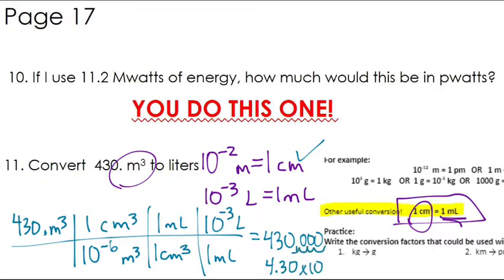So that's 1, 2, 3, 4, 5. So 4.30 times 10 to the 5th liters is the answer there. So make sure you do those 2 problems that we skipped over. At least give them a try and come with questions, because we've learned basically all the skills that we need so far, and now it's just about practicing them and putting them into use.